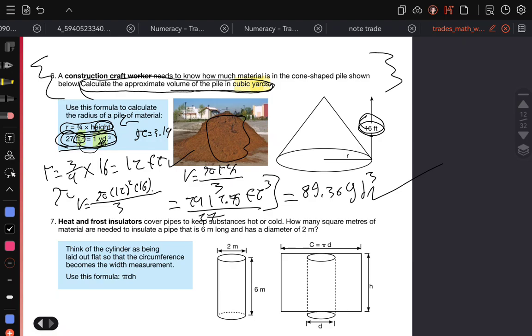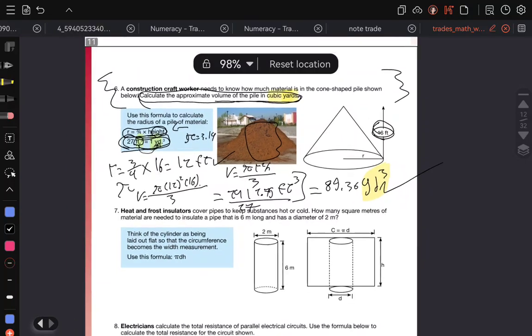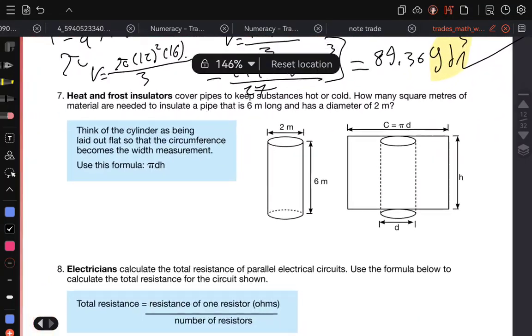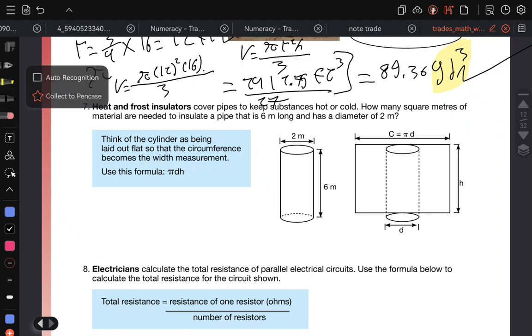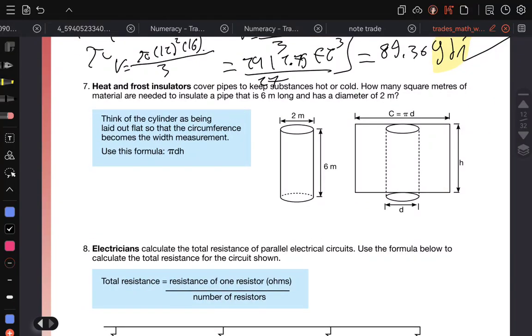Did we find the answer? Yes, we did. How can we confirm that? Because we have the same unit that they want us to write. Okay, let's move to the other one.